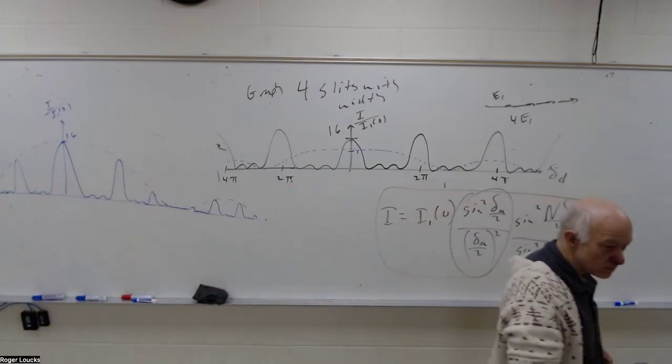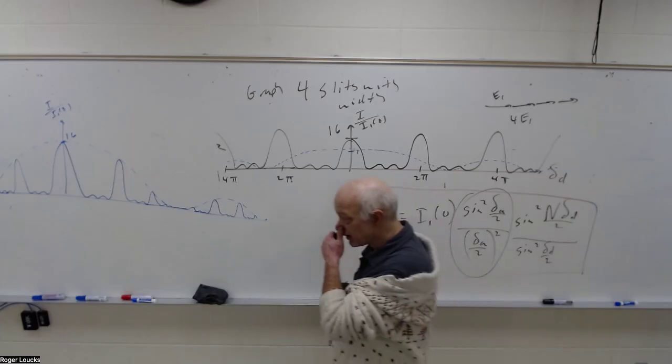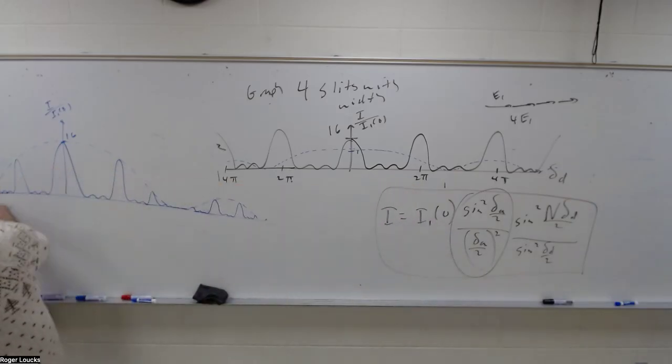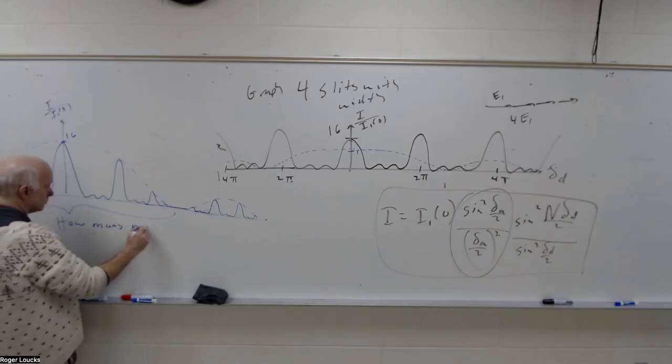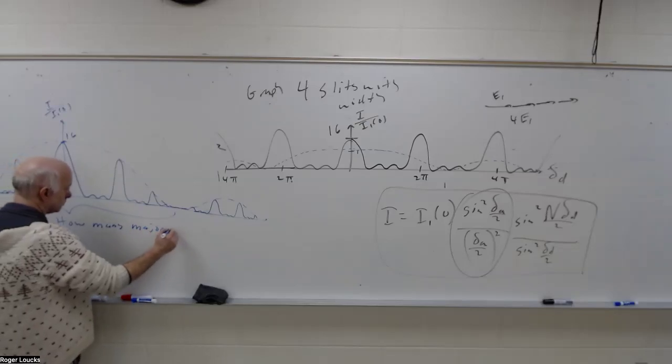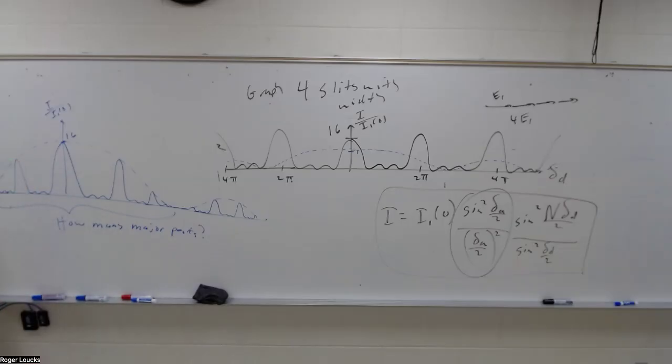That makes sense? Now, what we'll ask tomorrow is, if we look at the center diffraction max, how many peaks are in here? I'll show you how to calculate that.